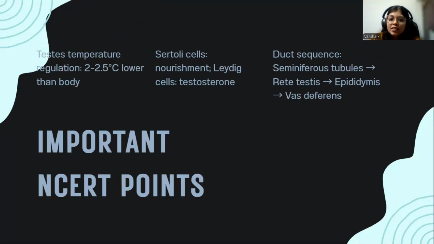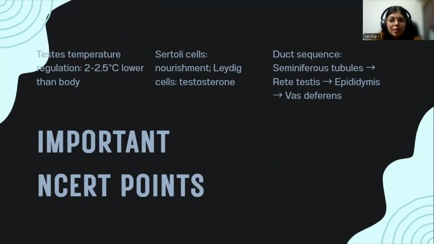Now some important points. These are the points where most of the questions come. First is the temperature of testes, which should be 2 or 2.5 degrees lower than the body temperature. Sertoli versus Leydig cell: Sertoli cell means nourishment, and Leydig cell means testosterone.